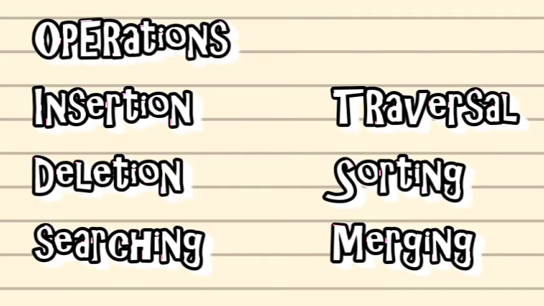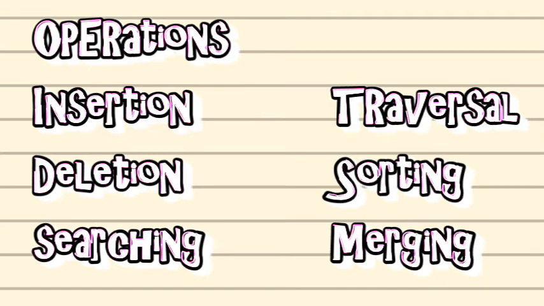We also need to understand the kinds of operations that we perform on these different data structures. The operations are, number one, insertion: if I want to add a new data element, we do it with the help of insertion. Then deletion, which means removal of an element.